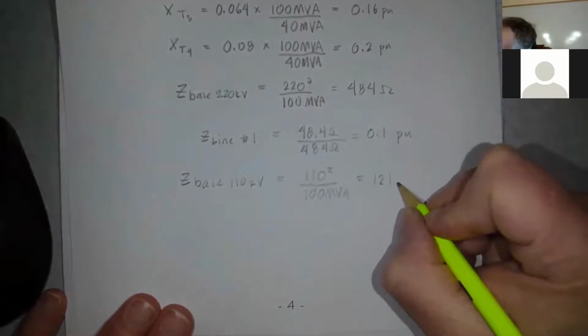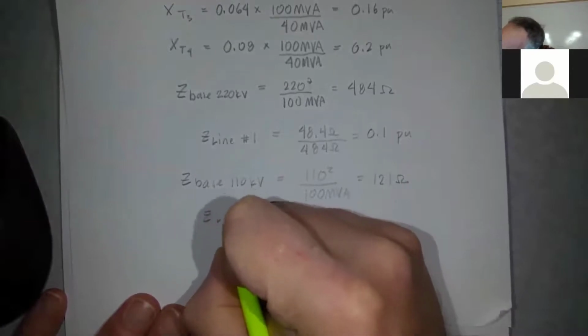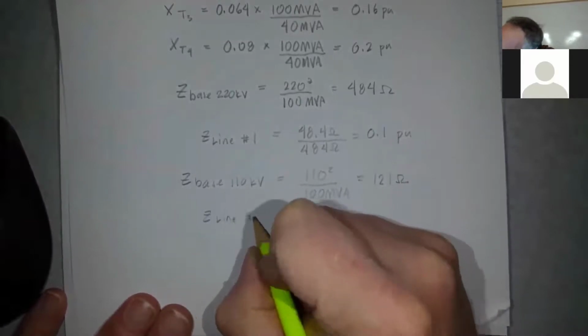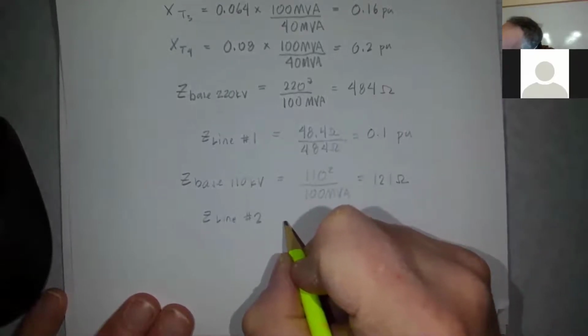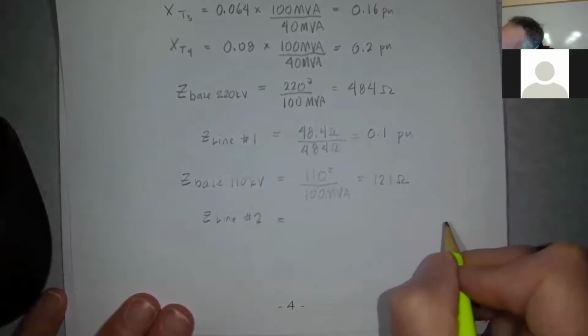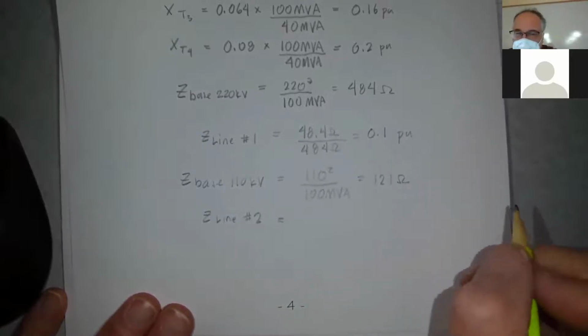Everyone get the same thing? So Z line number 2 is going to equal what? What's the ohmic value for that transmission line?